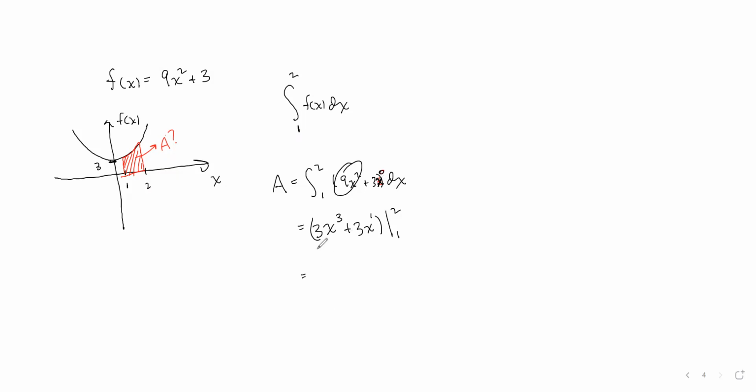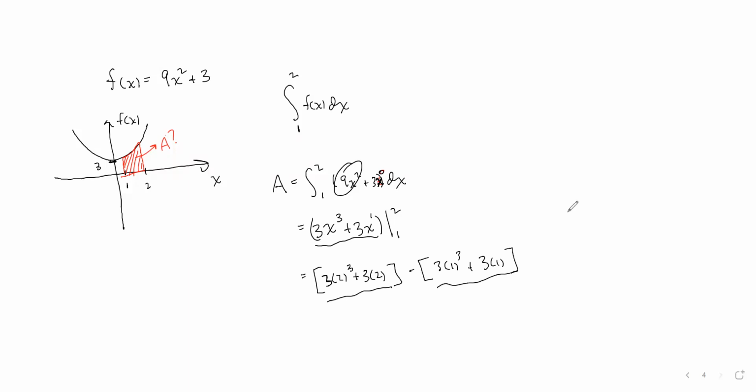So I'm evaluating now this expression from 1 to 2. It means I first plug in a 2, which is the top value. Then I subtract, and I plug in the 1. Okay, so I just plugged in a 2 into this expression. That's what you see here. Then I plugged a 1 into the same expression.